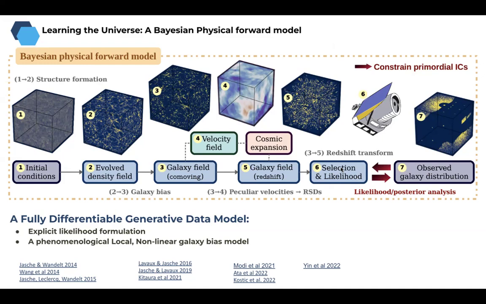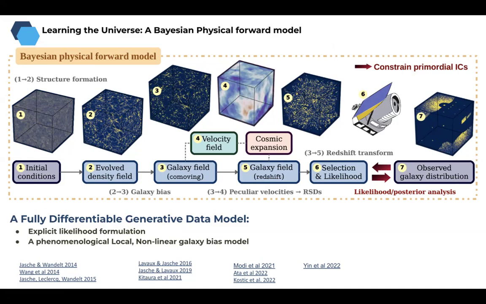Finally, we can also apply selection effects and likelihood to make predictions for the expected observations under such a model, which can then be compared to actual data. We can use this data mismatch to update our guesses of the initial conditions and the cosmological parameters, and iterate this framework to jointly infer cosmological parameters and initial conditions. This is feasible because we have a fully differentiable generative data model.